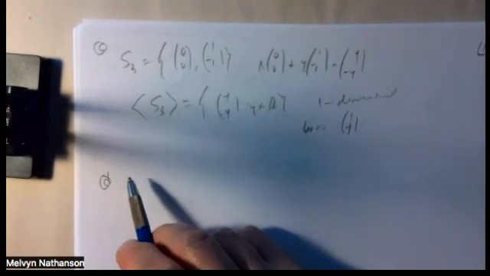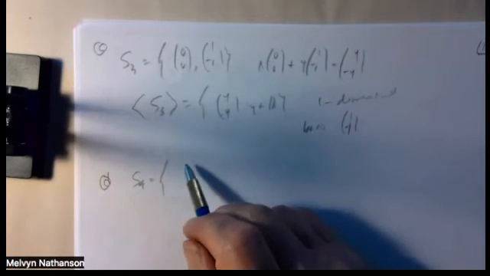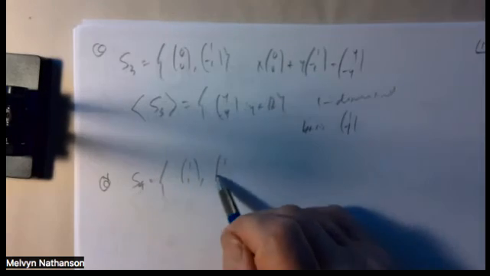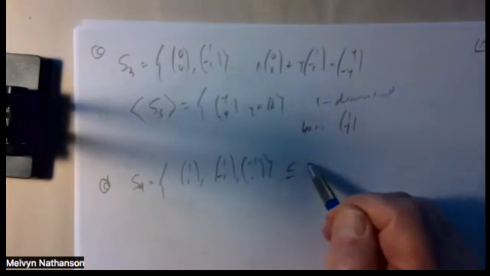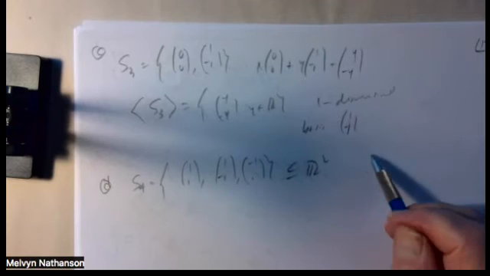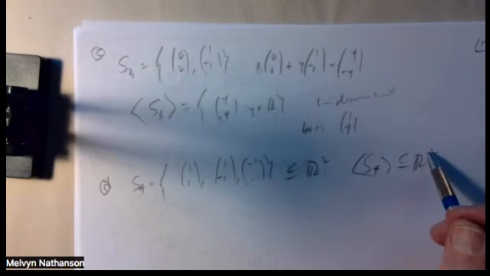And finally, in part D, S4 consists of the following three vectors: (1, 1), (1, -1), (-1, 1), which is contained in R2. So the subspace it generates is contained in R2. But we already saw that just the first two vectors give you all of R2.